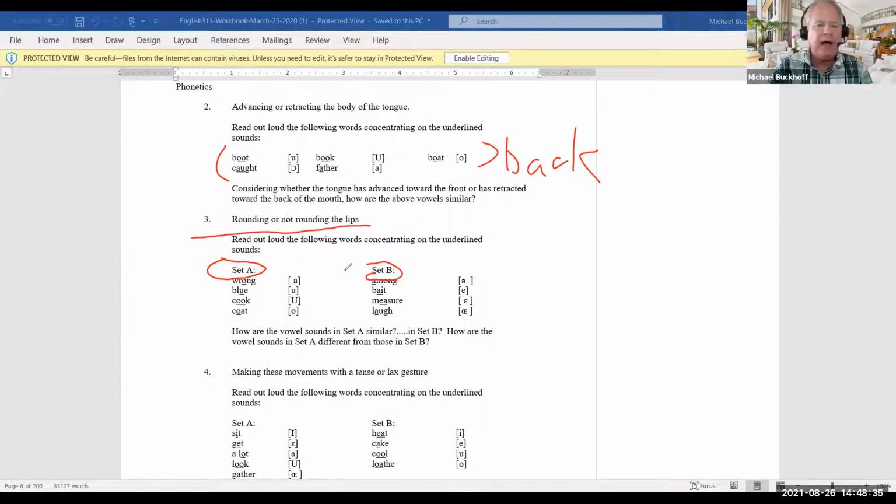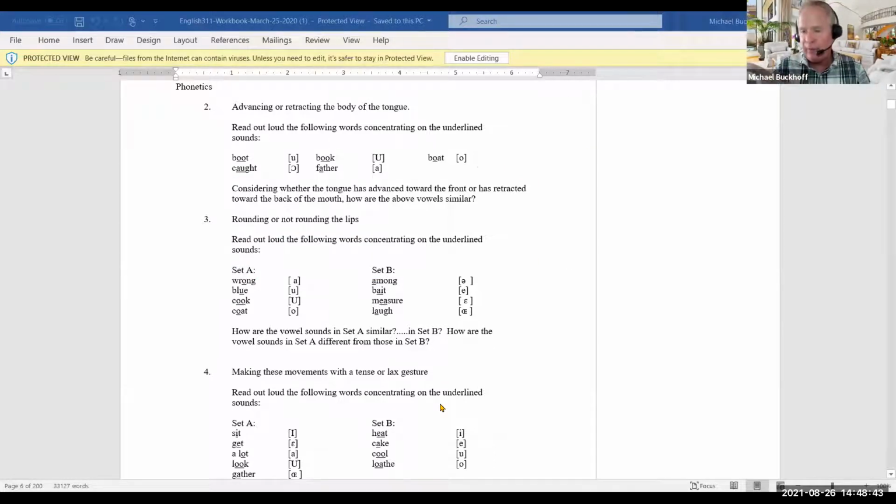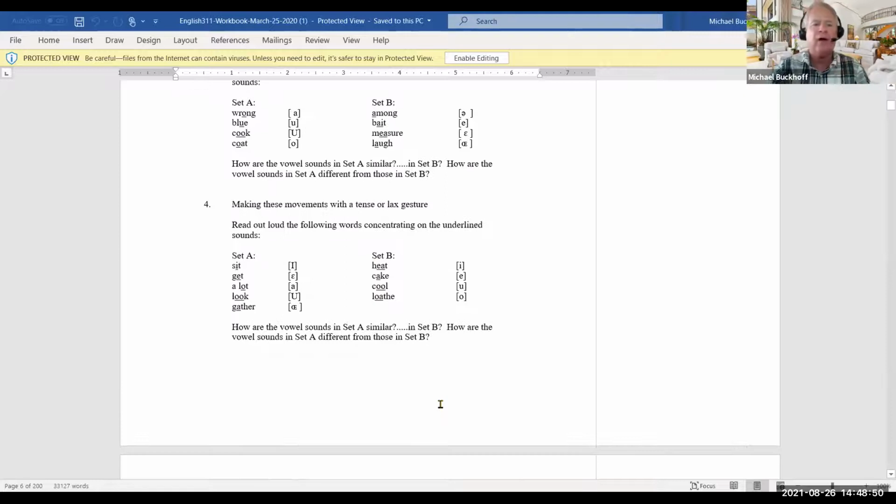And then finally, we have our last one. Do you remember what I told you about the four characteristics of vowels? Three of them involve the tongue, and one of them involves rounding of the lips. So number four again involves the tongue. How do we describe the tongue? Is it hard or soft when we produce the sound?